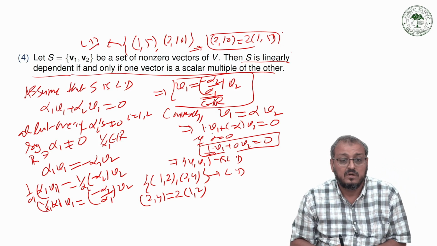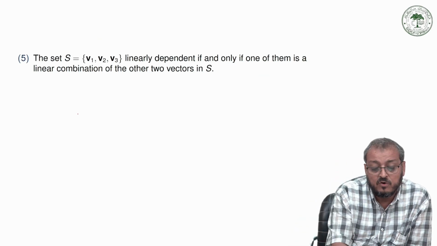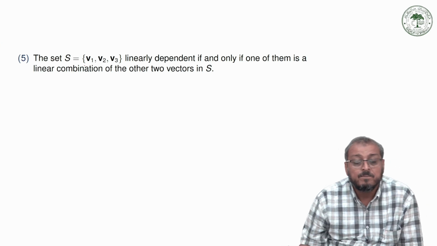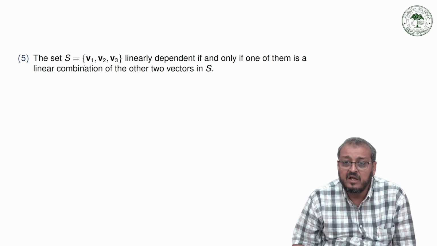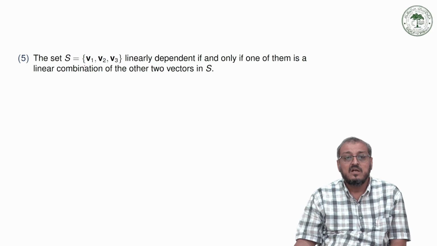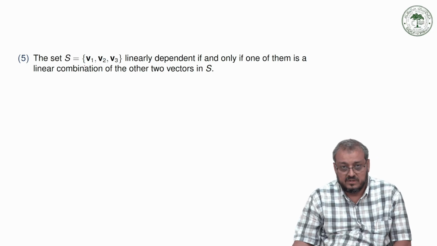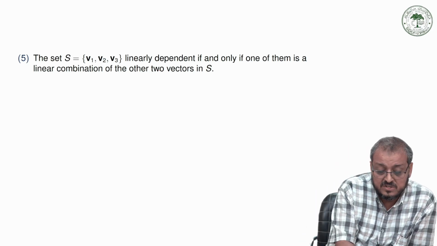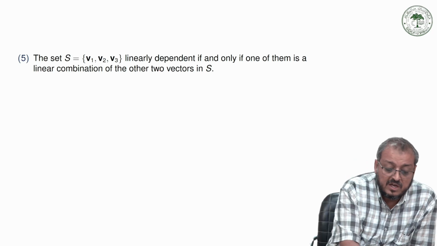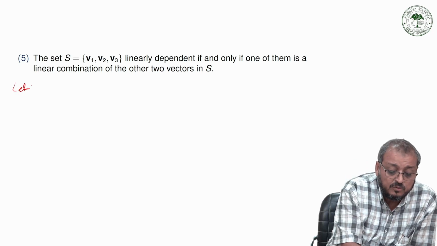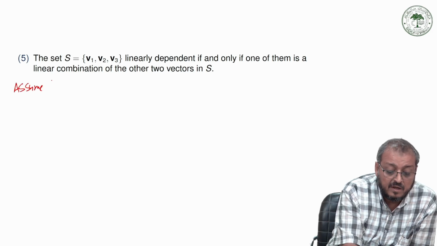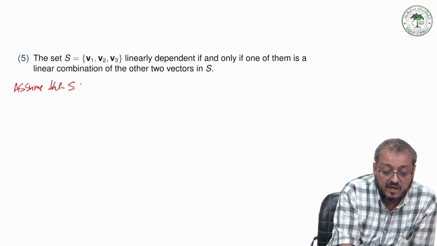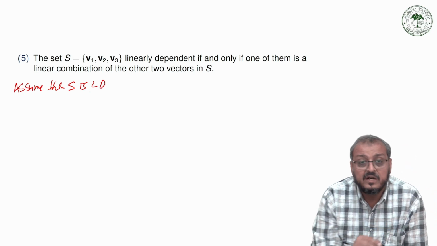Okay, now if we increase one more vector, a set of 3 vectors V1, V2, V3 is linearly dependent if and only if one of them is a linear combination of the other two vectors. Suppose we assume that S is linearly dependent.